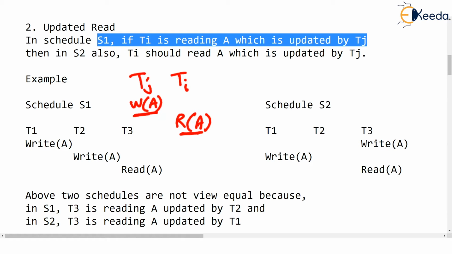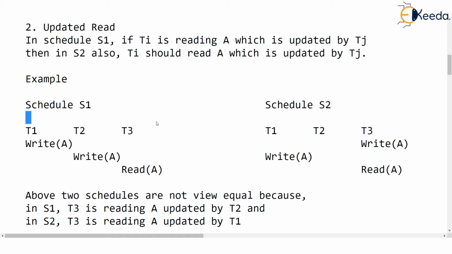If this is happening in schedule S1, then the same thing should happen in schedule S2. You should see that some transaction Ti is reading A which was updated by Tj. As you can see in this example, there is a schedule S1 which has three transactions T1, T2, T3, and we have schedule S2 which has the same three transactions, T1, T2, T3.